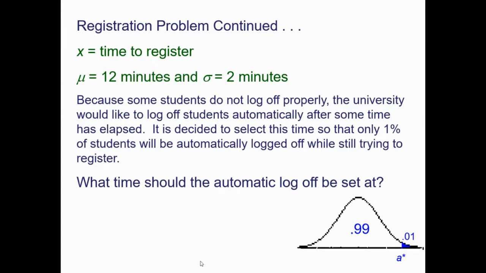Well, notice this time they're giving us the probability. They give us 1% needs to be logged off. So the probability that Z is greater than Z star is 0.01. But does our table give us greater than?